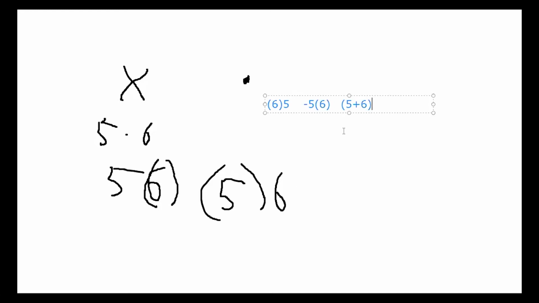But these all mean the same. This is multiplication, this is multiplication. The dot is a common way of indicating multiplication. When you have a negative, they don't want you to be thinking that it's a subtraction, so they'll have parentheses used to capture the negative.